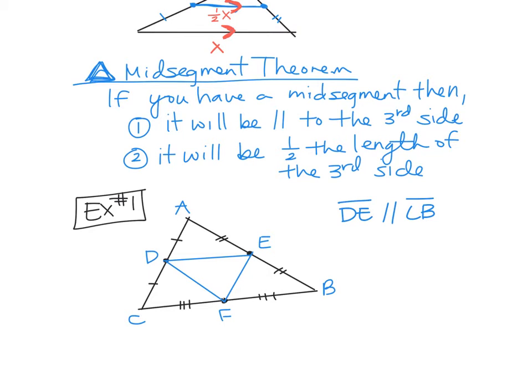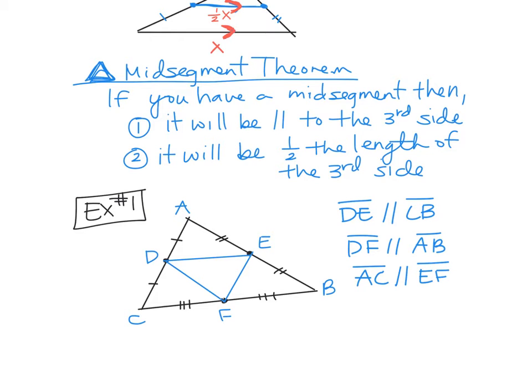Okay, what other segments are parallel? DF is parallel to AB. And what's the last one? EF to AC. Yes, sorry, I thought you said BF. So AC would be parallel to EF.